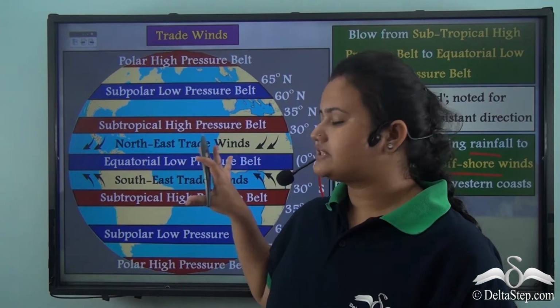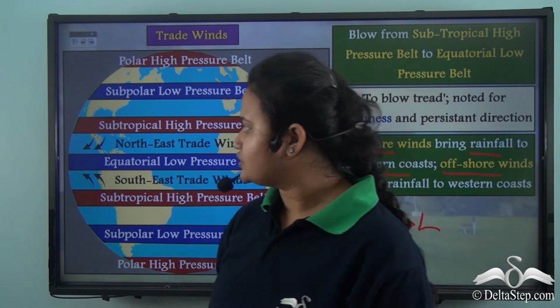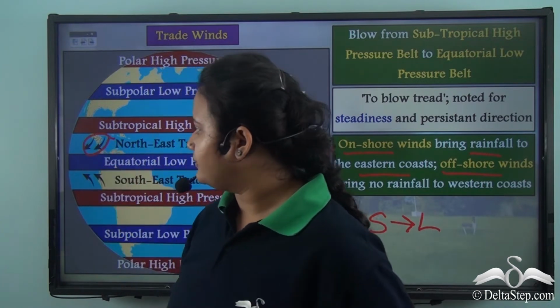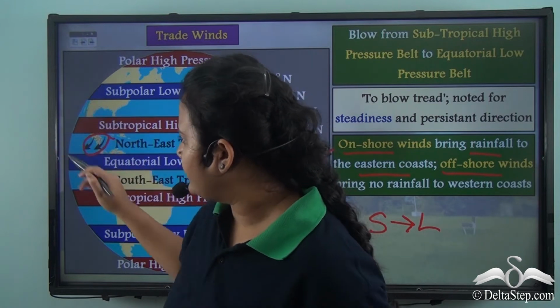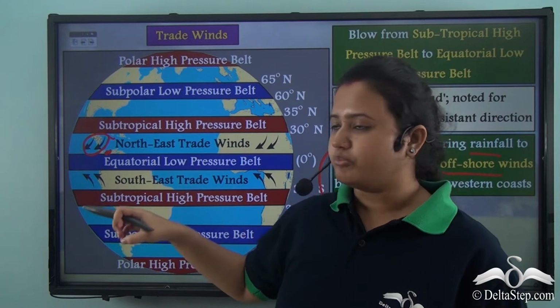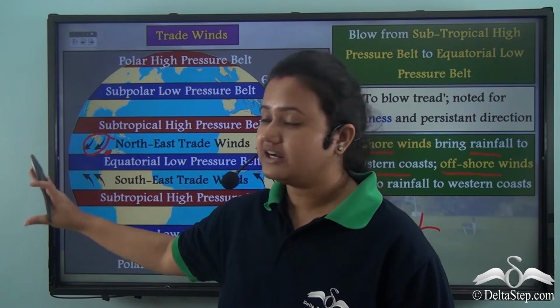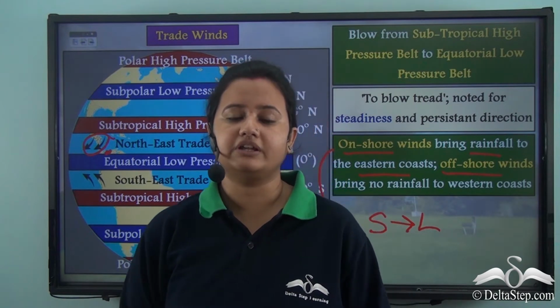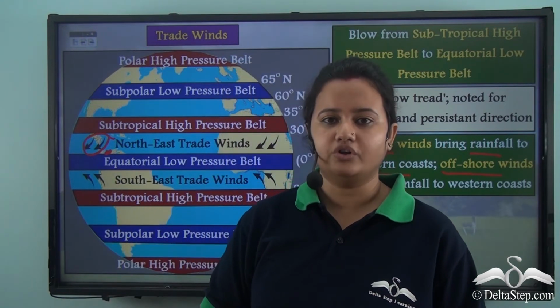Now, look at this picture carefully. In this picture, we can see that there are some trade winds that blow from sea to land. So, these winds pick up moisture and they will hit the eastern coast of the continent and cause rainfall in the eastern coast of the continent.